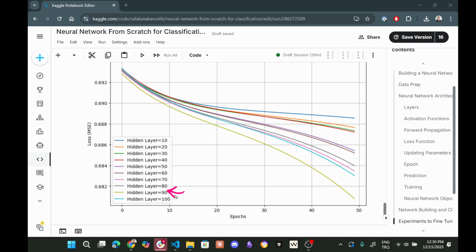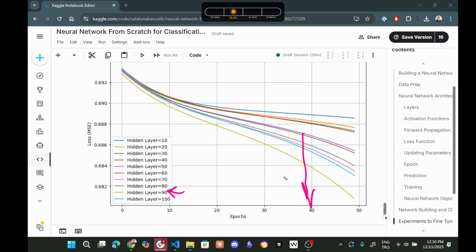I chose 90 because everything kind of follows a linear performance increase here as the complexity increases. As the hidden layer size increases, the model learns the patterns in this dataset very well, but maybe the risk is that if you go over here, it will be over-parameterization, like memorization instead of learning.